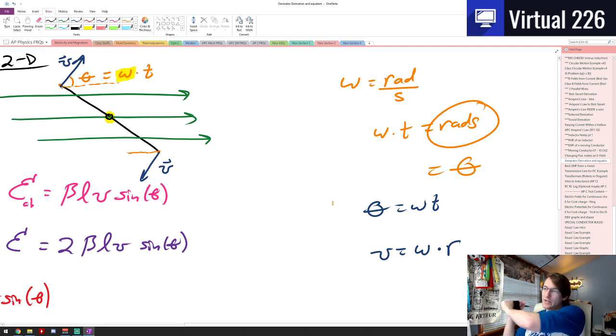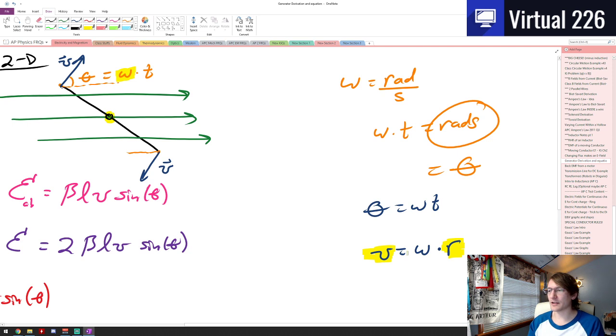When he swings the blade, the entire thing is moving with the same omega, the same angular velocity, the same amount of angle being swept through in the same amount of time. But if you go further away from the pivot, like the handle where he's swinging it from, then the tip of the blade is going to have the fastest linear velocity. And that's why the tip of the blade is so dangerous. It's moving faster, and that's why you step in if someone's trying to chop you in half with a sword. Kind of counterintuitive, but it is what it is.